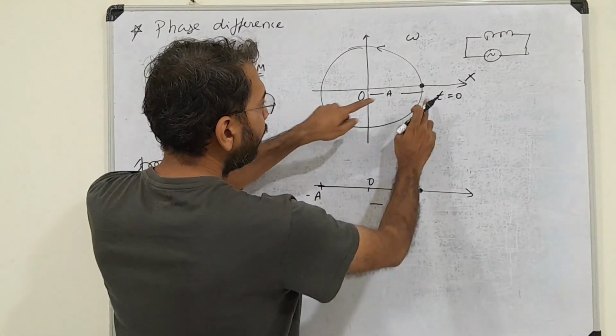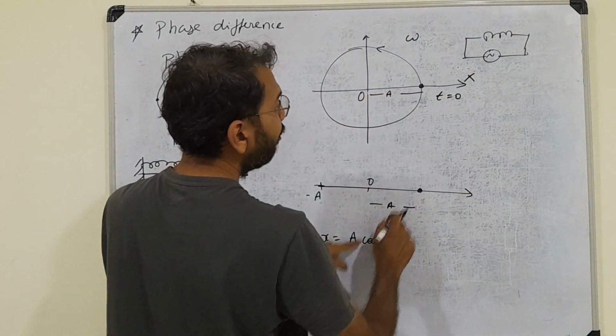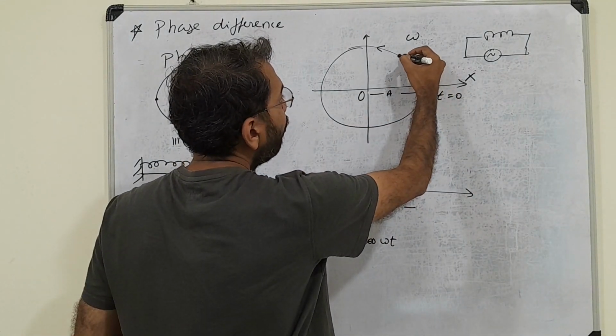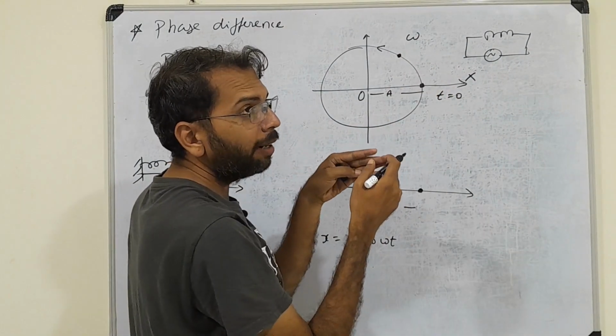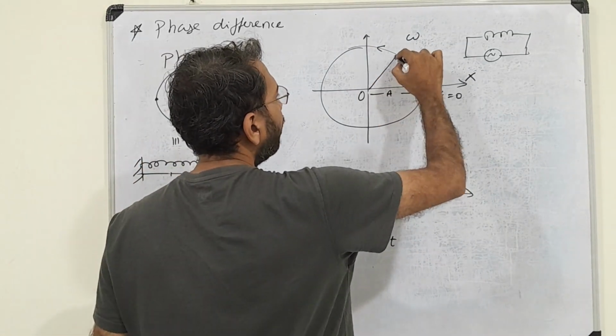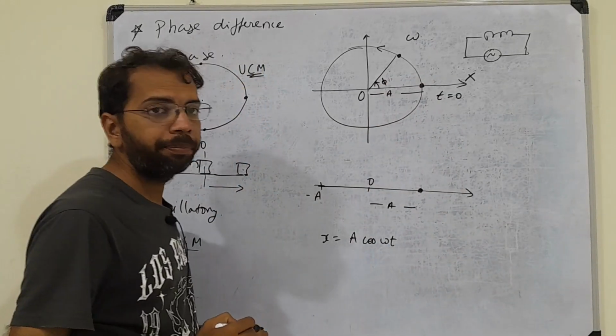Let us say the particle did not start from here, that is x is equal to a when time t is equal to 0. The particle instead started from some random location. Of course, it will have some angle. This angle over here, let us call it phi.